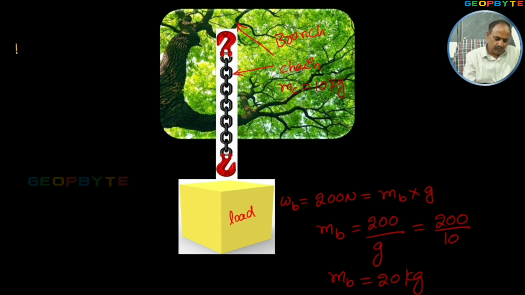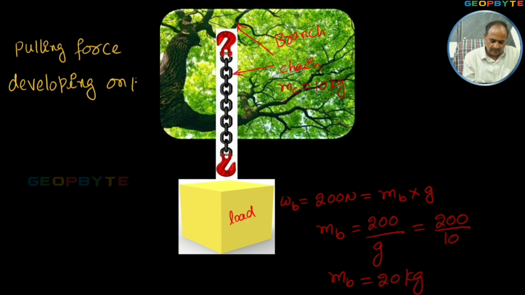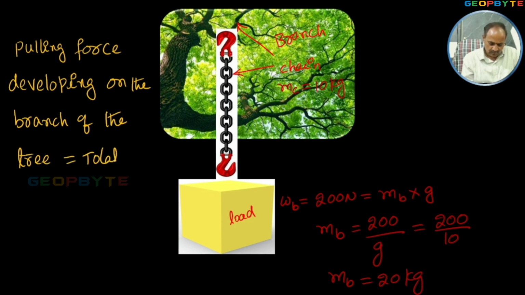That weight, or pulling force, developing on the branch of the tree is equal to the total weight. Here the total weight is nothing but the sum of the masses, that is m1 plus m2, multiplied by g.